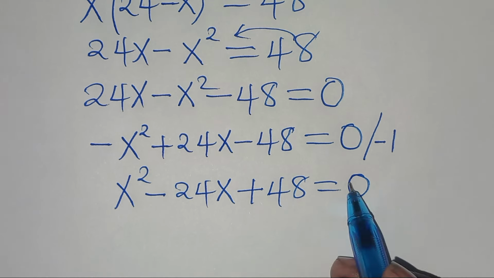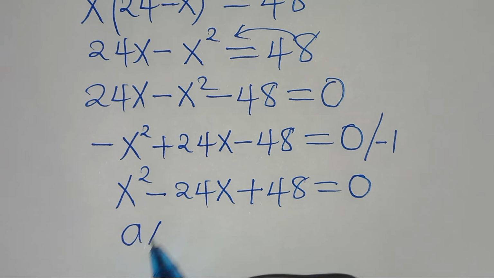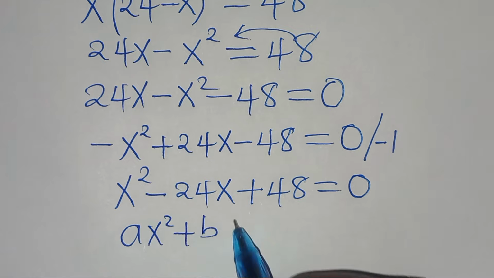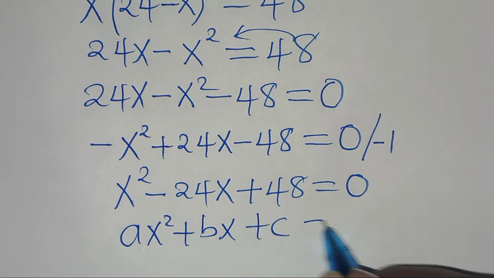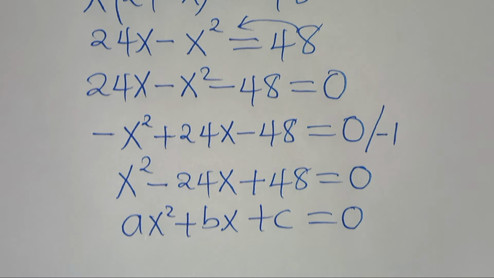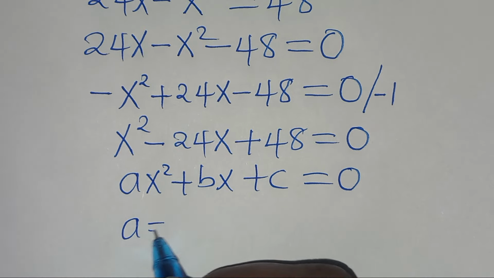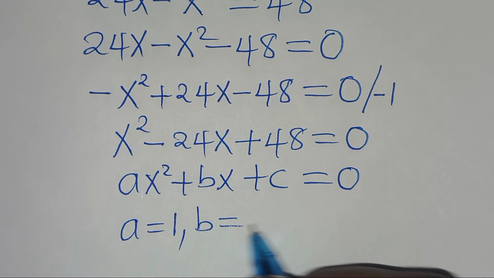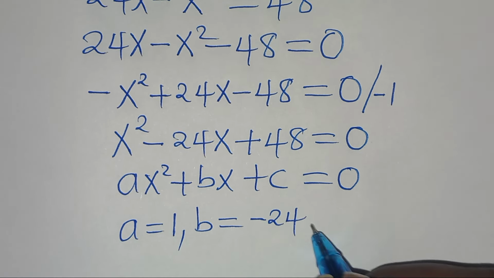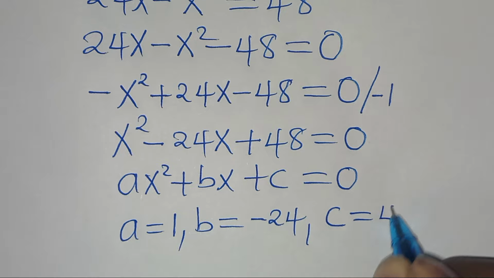This is a quadratic equation of the form ax squared plus bx plus c equal to 0. From this quadratic equation, we have a equal to 1, b equal to minus 24, and c equal to 48.